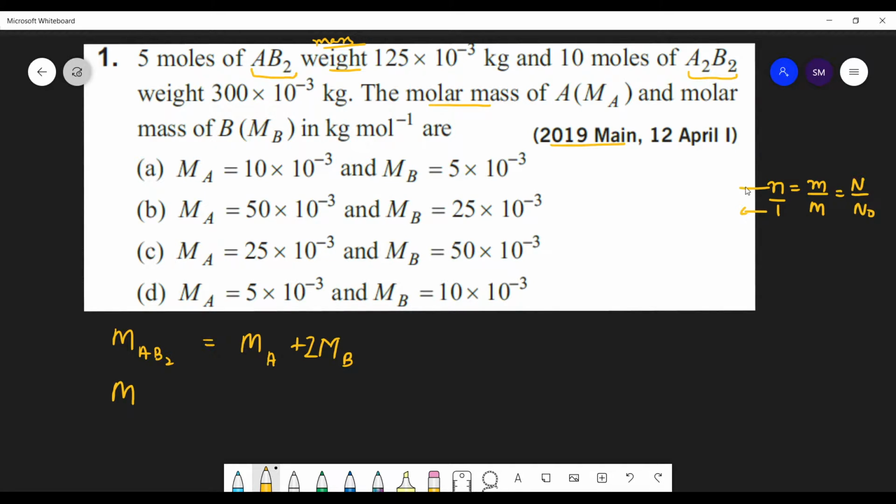These are the given things, and these are the standard things written in the denominator. So given moles, given mass, given number of particles. Standard means 1 mole, molar mass, and Avogadro's number. Okay.